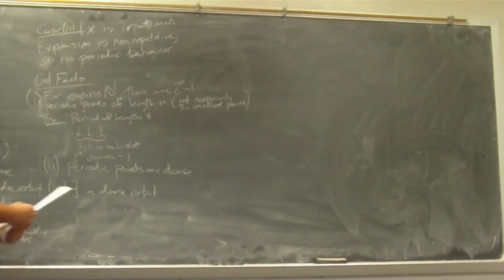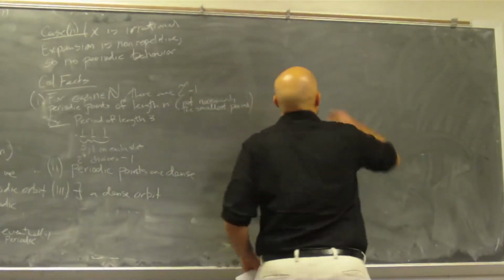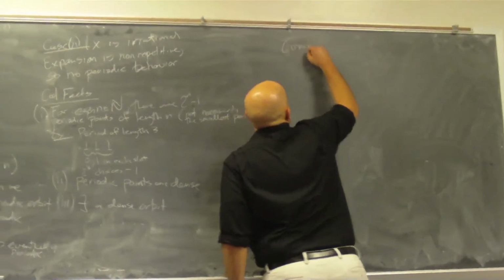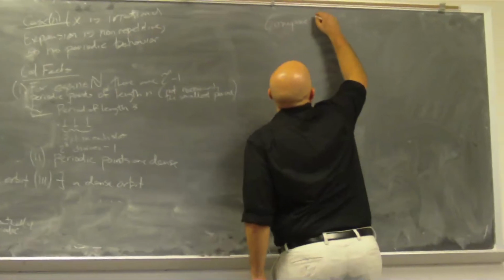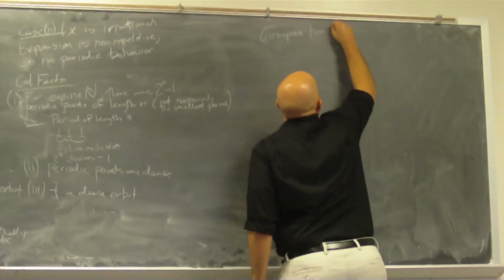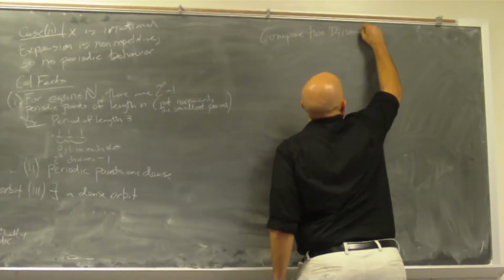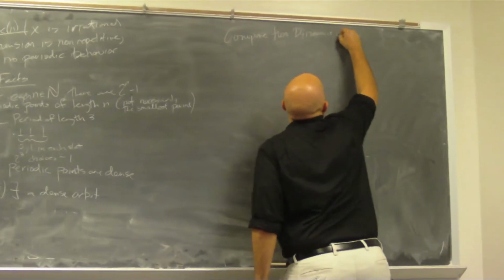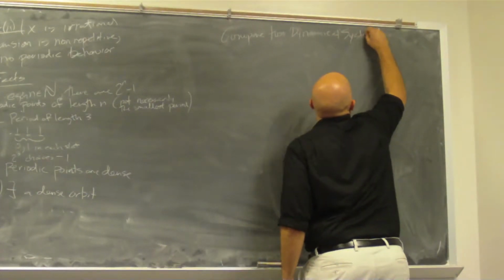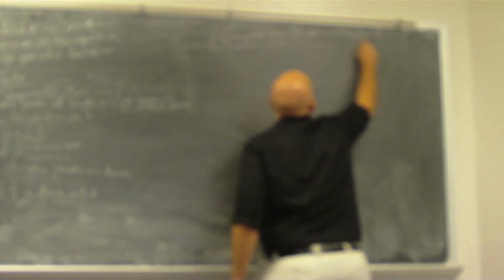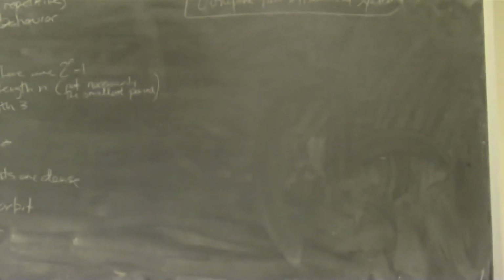Okay. So for one, how do we compare two dynamical systems? Let me just list out some of the things that you can do to compare two things. If you want to compare two dynamical systems, you're really dealing with two different phase spaces, but you're also dealing with two different dynamics. So there's two things that you really have to consider. You have to consider the space, and then you have to consider the continuous map.